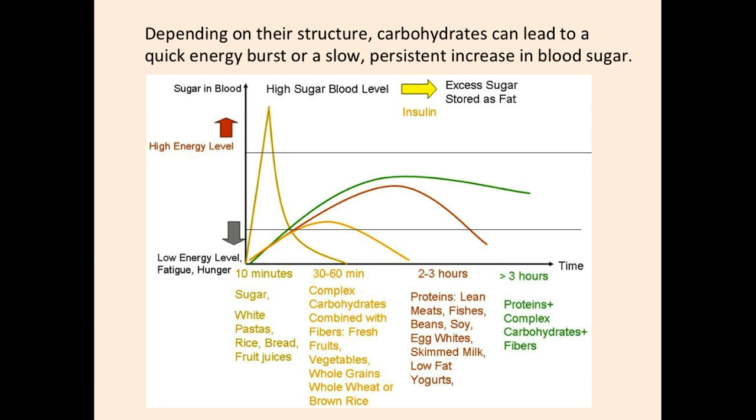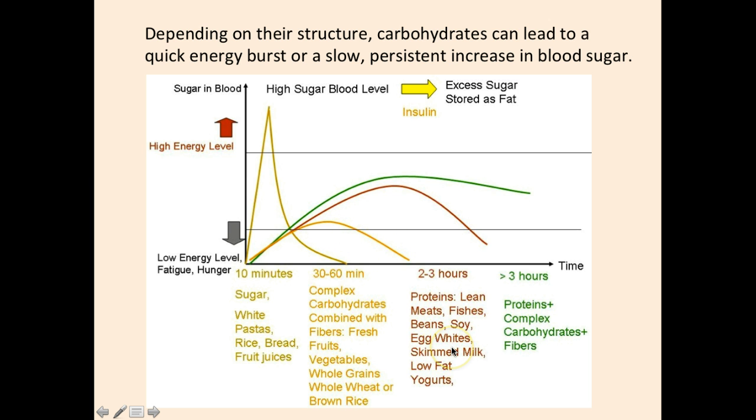So as you see, simple sugars like table sugar, or white breads, white pastas, fruit juices, are going to, within the span of just 10 minutes, very rapidly give an increase in energy, and then just as rapidly it's going to go away. Whereas with more complex carbohydrates, which you can see in the darker orange, it's going to take more like 30 to 40 minutes to get the maximum amount of energy out, and then it's going to more slowly taper.